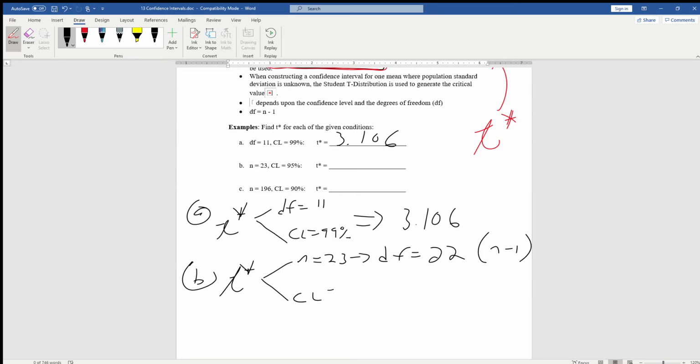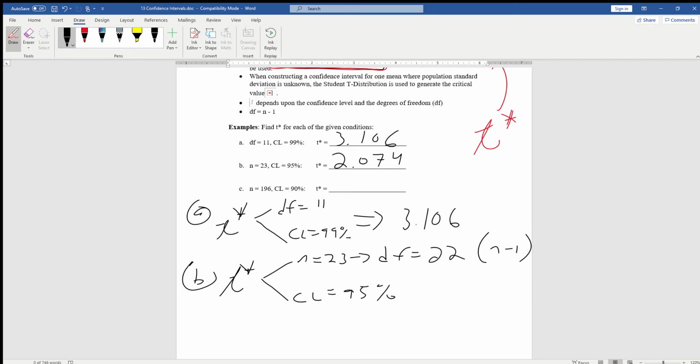The confidence level is 95%. So you're going to go to the chart, to the middle column, because if you look at the bottom, 95% is in the middle. Go up to 22 degrees of freedom and verify for yourself that 2.074 is the correct value.